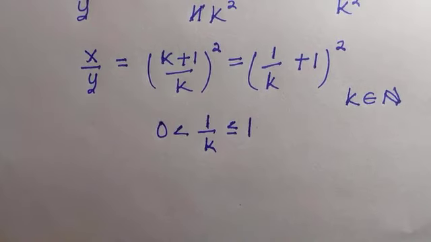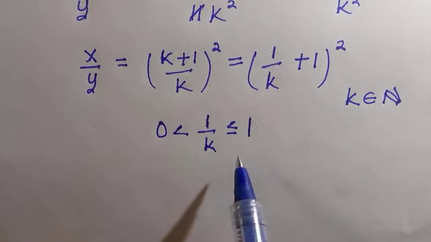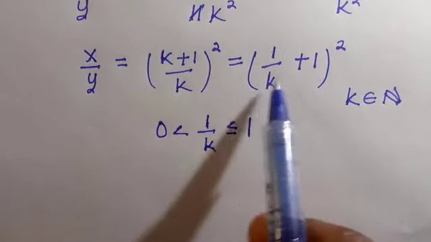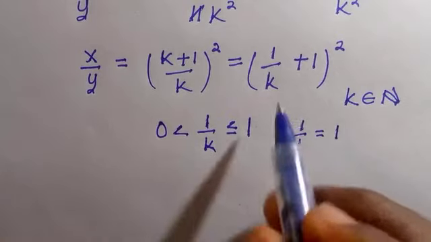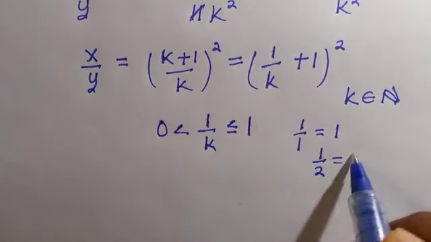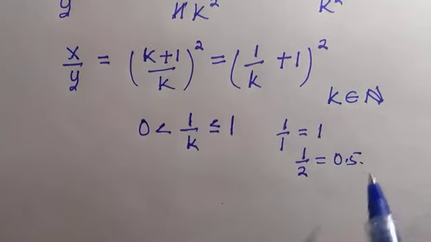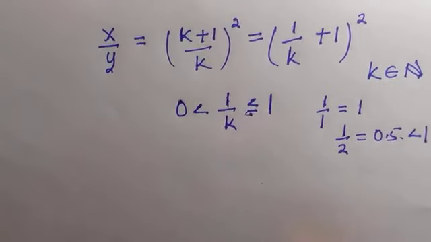For these conditions, by plugging in natural numbers here, everything must always be greater than 0 and less than or equal to 1. For k equals 1, we have 1 over 1, which is 1. For k equals 2, we have 0.5, which is less than 1. So this condition is verified.